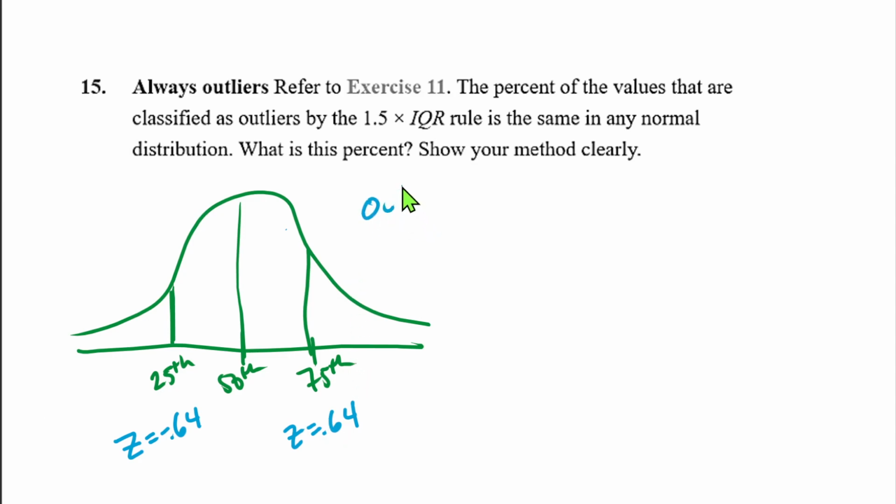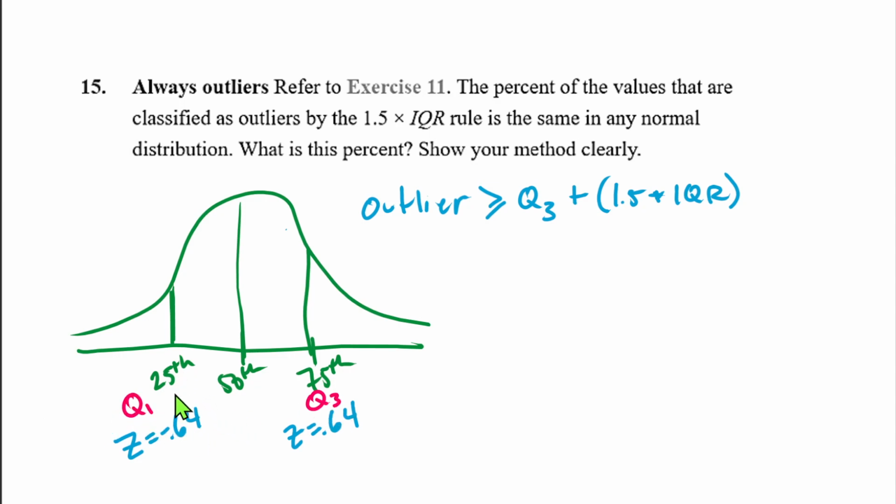So remember, an outlier is something that is greater than or equal to the quartile 3 plus 1.5 times the IQR. And the IQR is the distance between the third quartile, Q3, and the first quartile, Q1.